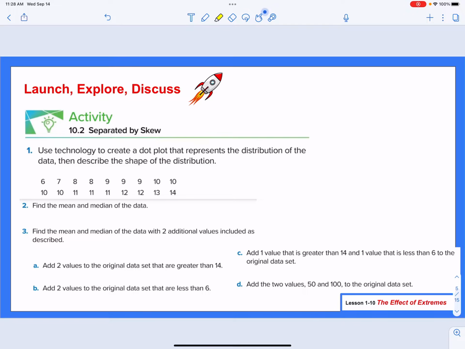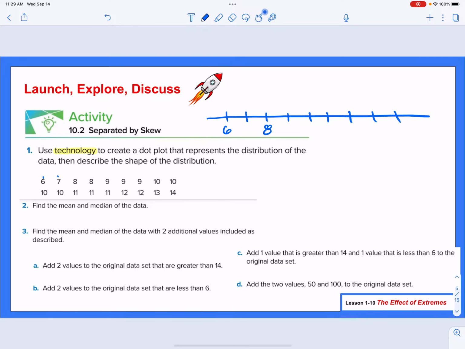All right, use technology. Well, I'm going to use my pencil here to create a dot plot that represents the distribution of the data and then describe the shape of the distribution. So I'm going to do that right here for us. I'm going to draw a line. I have 6, 7, 8, going up to 14. So let's start here at 6. We have 7, 8, 9, 10, 11, 12, 13, 14.